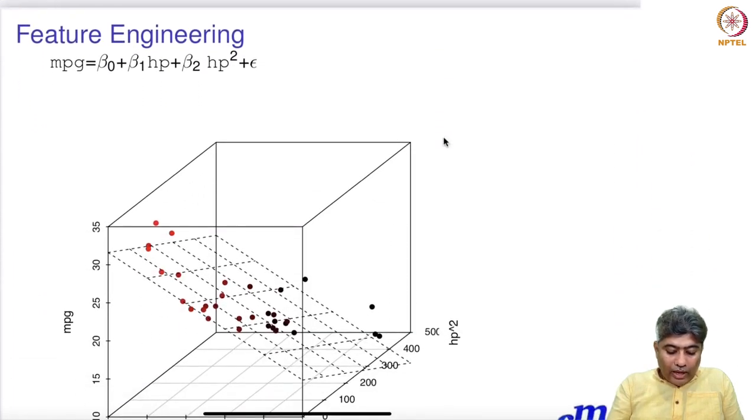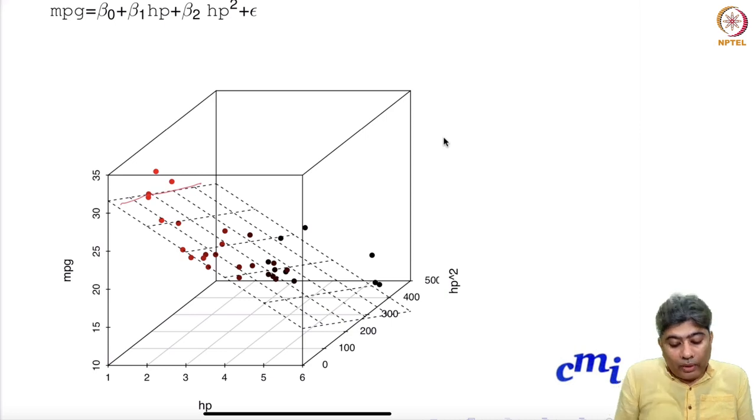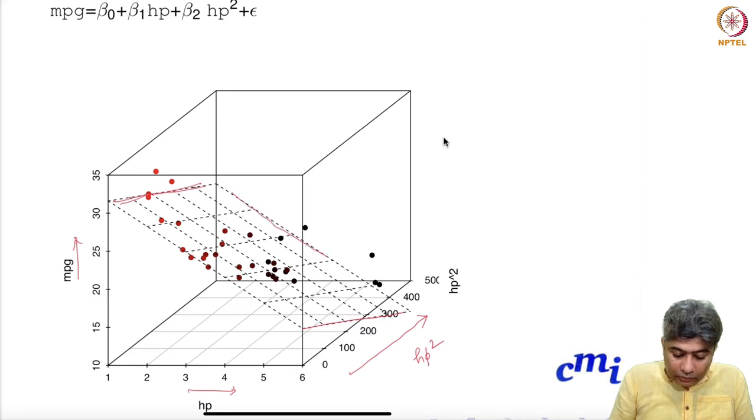If you do that, you will fit a plane. So what are we actually doing? Essentially my data is in two dimensions, the x-axis and y-axis. We are engineering a new axis called horsepower square, and then we are fitting a hyperplane in 3 dimensions.